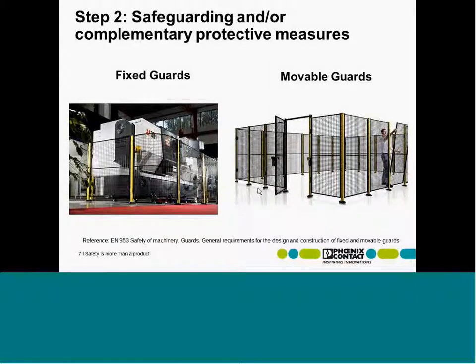A question which will come up very often is: what is the situation for an e-stop? How would you classify this protection device? An emergency stop device is a typical so-called complementary protective device. That means the machine should be as safe as possible by just using the technical risk reduction measures, as we see here.